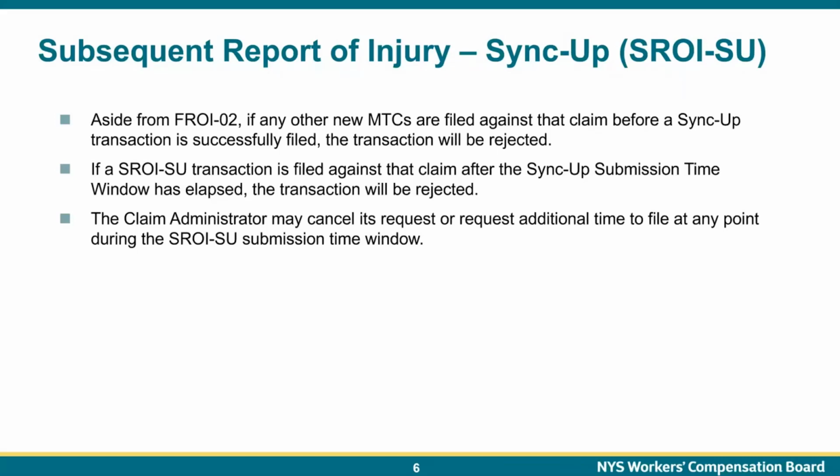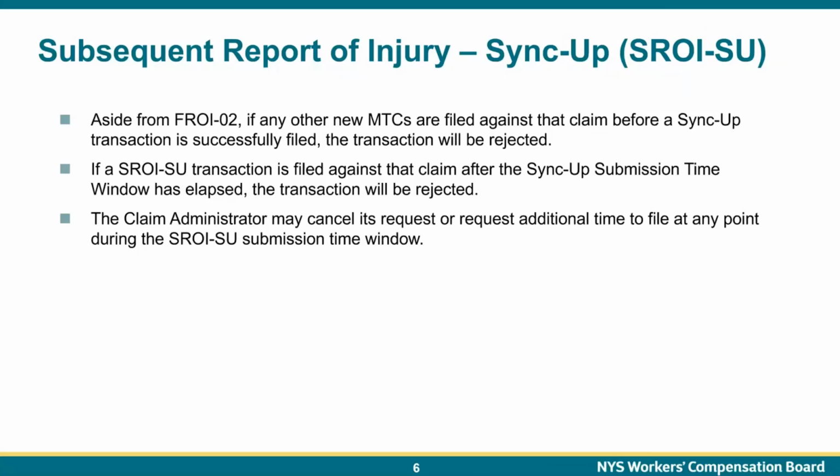The claim administrator may cancel its request or request additional time to file an SU at any point during the SHRYSU submission time window. So if you decide the SU is no longer needed, you can send us an email and request cancellation early, or you can wait for the 10-day period to expire if you don't have another transaction to file.